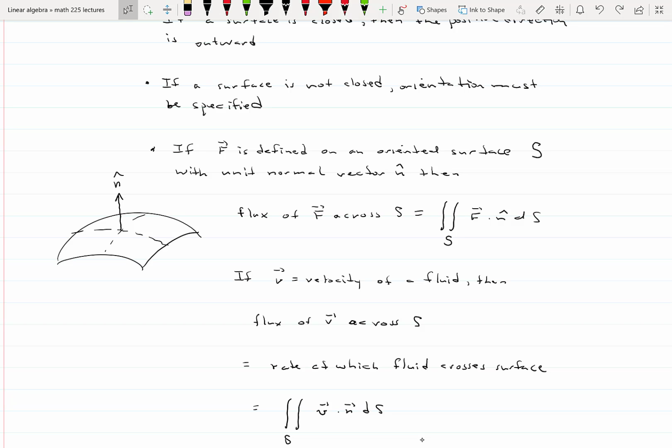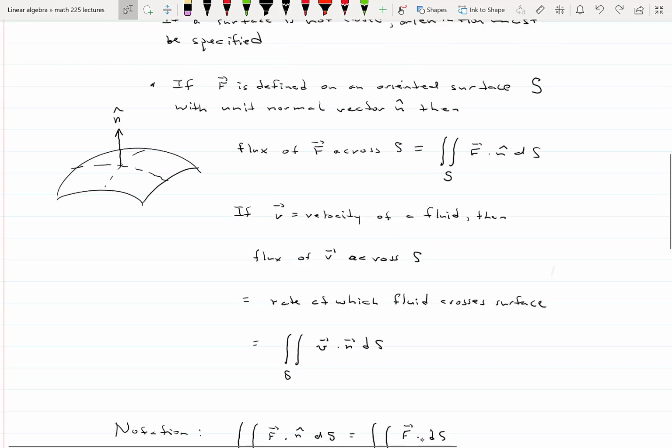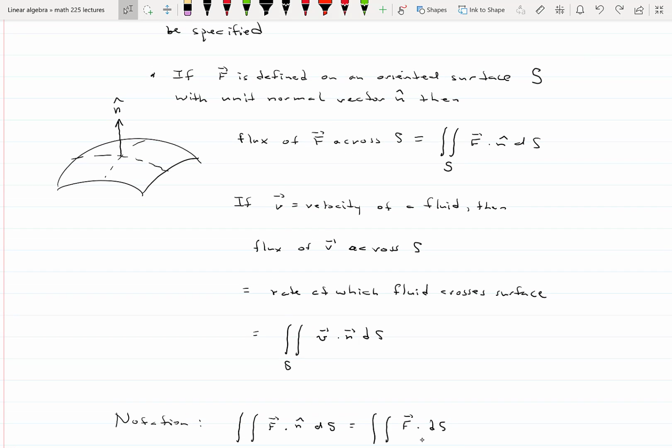In the previous section, we looked at an example where the vector field F was the velocity of a fluid. In particular, it was orange juice coming out of an exploded orange, an exploded orange that somehow retained its shape with the help of a steel mesh placed around it.